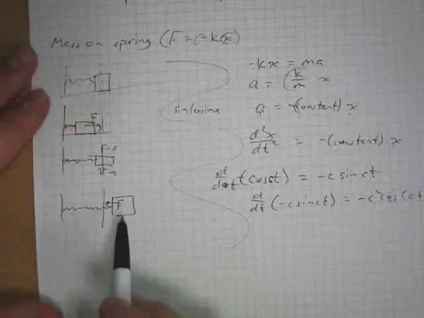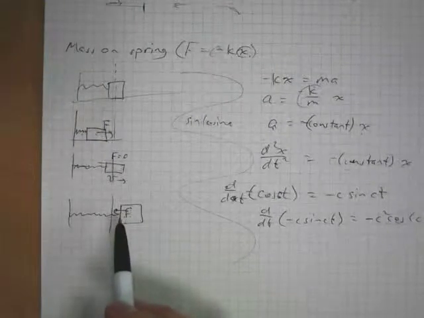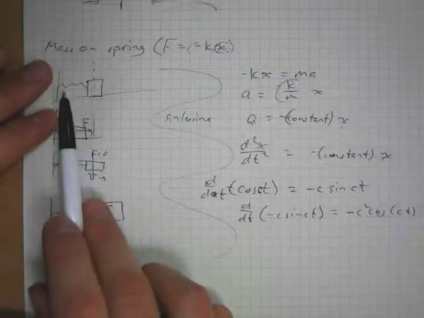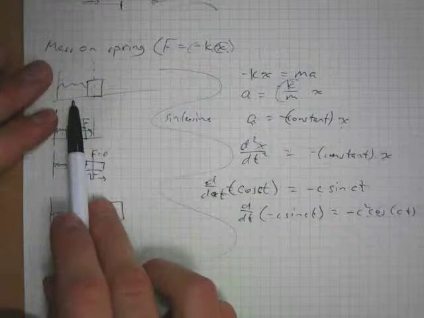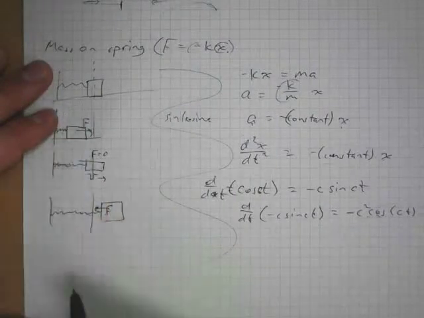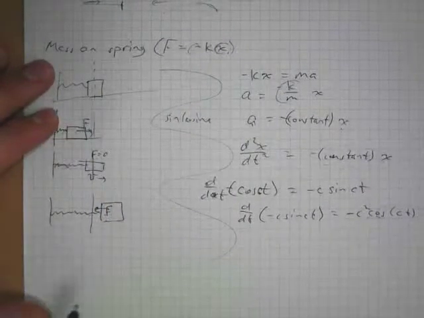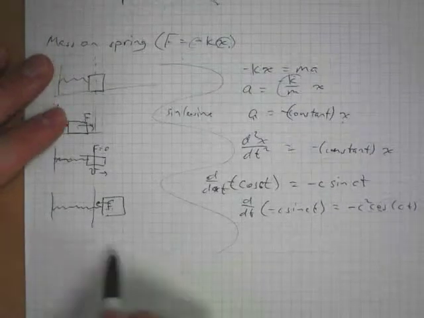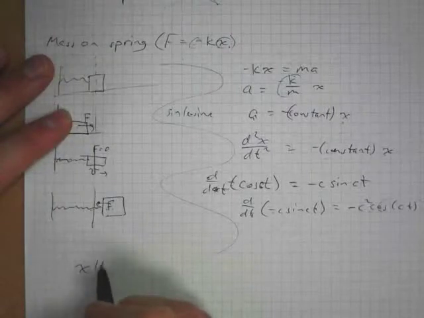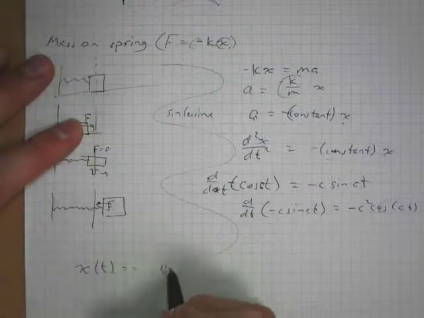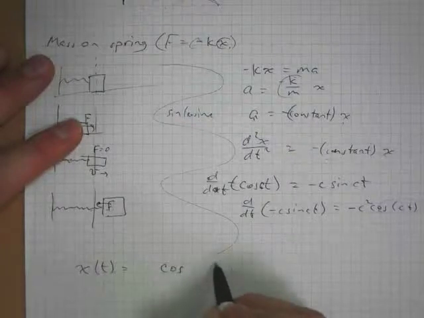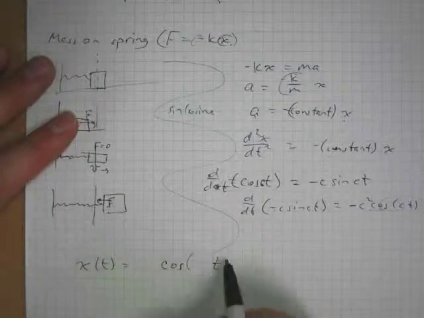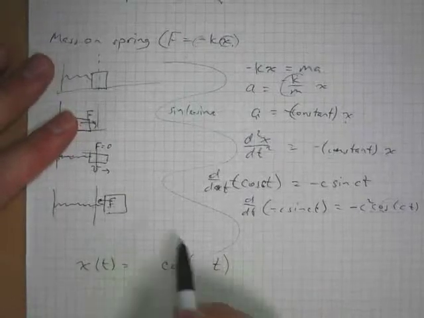Typically, with simple harmonic motion, we stretch or compress the spring, so we have some initial position, and our initial velocity is 0. If our initial position is some value A, a sine function would start at equilibrium, whereas a cosine function would start at a maximum. So generally we say our position as a function of time is a cosine function. What is the period of this cosine function? It's just the period of the oscillation.